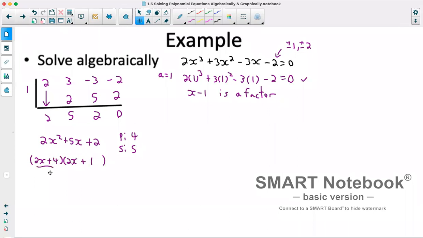We can divide the 2 out of one of these. So that gives us overall x plus 2 times 2x plus 1 times x minus 1. So looking at this, our zeros are x equals negative 2, negative 1/2, as well as positive 1.